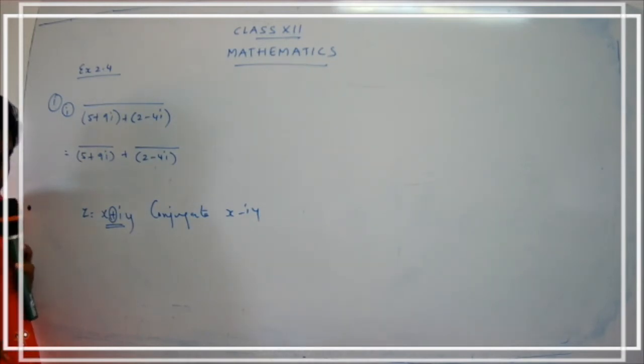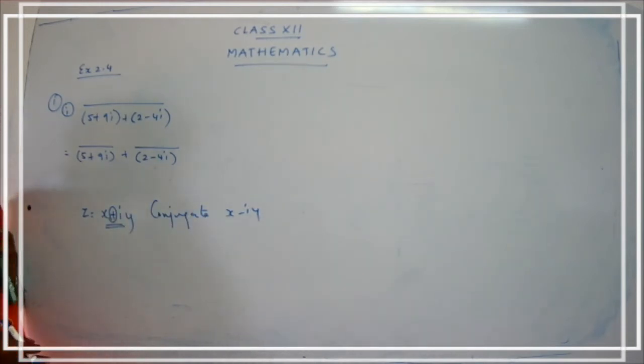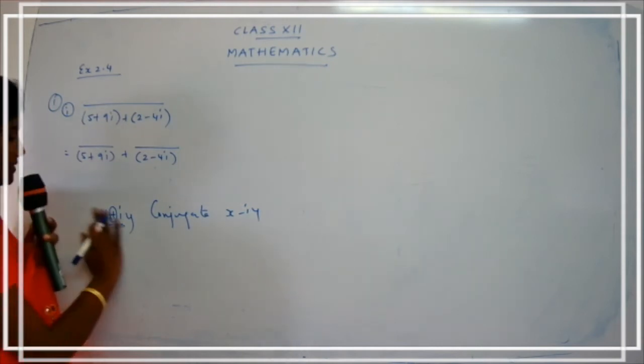Just again I repeat, the meaning of conjugate is changing the sign of the imaginary part. So plus iy is changed to minus iy. That's what we call the conjugate of a complex number.